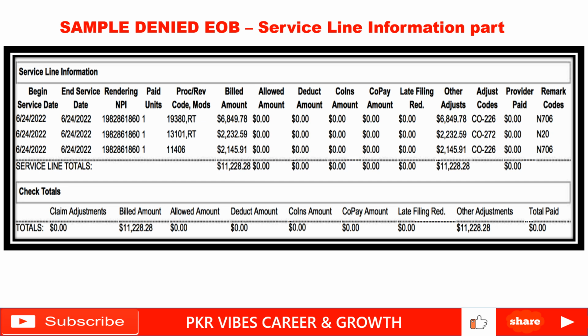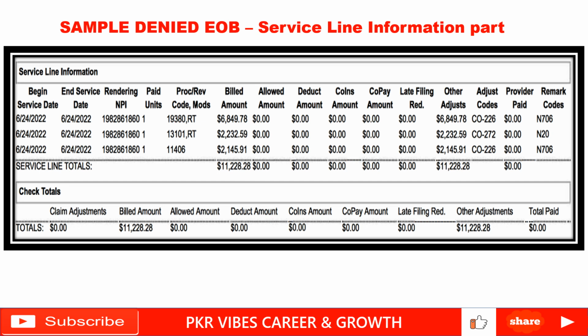So this is the way you read an EOB. Again I am telling, to know whether it is denied or paid, you first have to check the provider paid amount. I am telling this to new people, the people who are at the very beginning of the healthcare domain and don't know how to read an EOB.